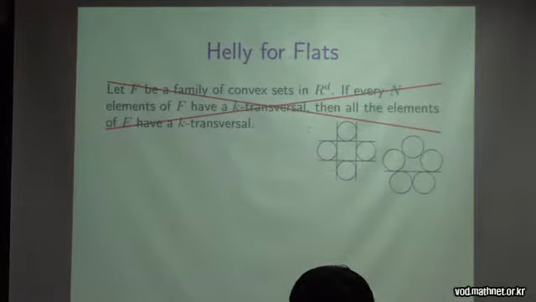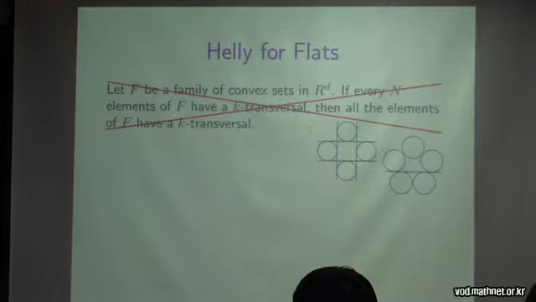And there are very easy examples. So in the plane you can think of this configuration of circles. For every 3 of them you can find a line. If I take the top 3, I have this horizontal line, and this line crosses all of them. So this is a 1-transversal to this 3-tuple.